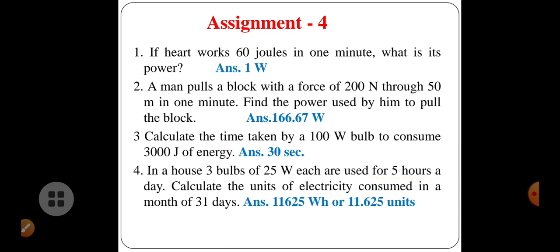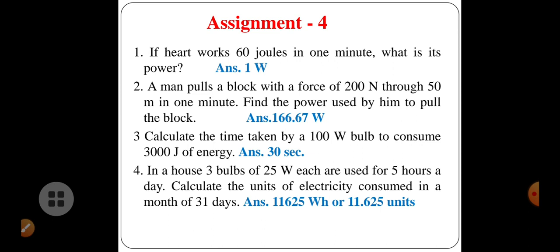Calculate the units of electricity consumed in a month of 30 days. 75 is the power of the total bulbs, and time is 5 hours, and such hours are taken for 30 days. So we will multiply all the things, 3 into 25 multiply 5 and multiply 30, and we get the answer.